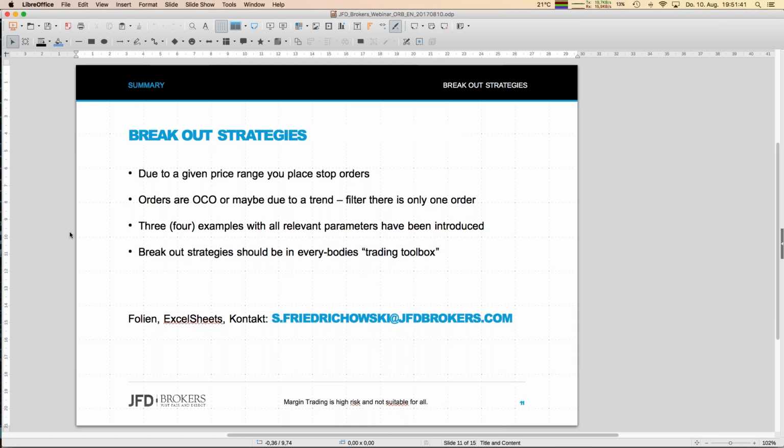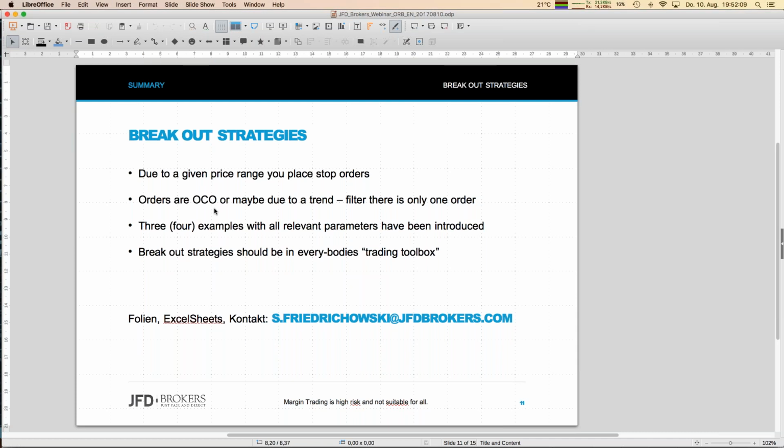And what you do is place stop orders: a buy stop at the upper limit, a sell stop at the lower limit. That's all you do. In most cases, those orders are OCO, or you use any other trend filter, like an EMA, which we have done in 2 strategies here as well.